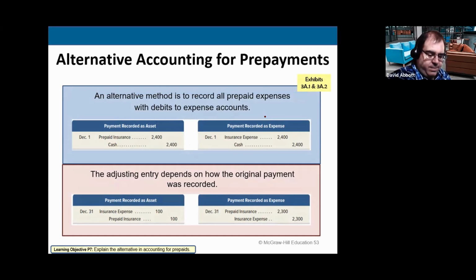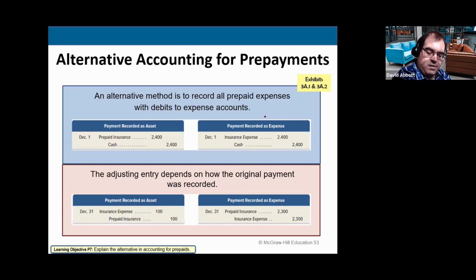If any prepayments remain unused or unexpired at the end of the accounting period, then adjusting entries must transfer the cost of the unused portion from the expense to the prepaid expense asset accounts. This alternative method is acceptable. The financial statements are identical under either method, but the adjusting entries are different.